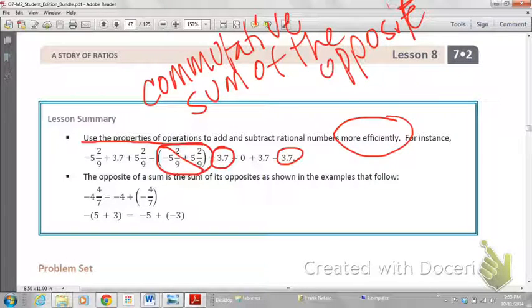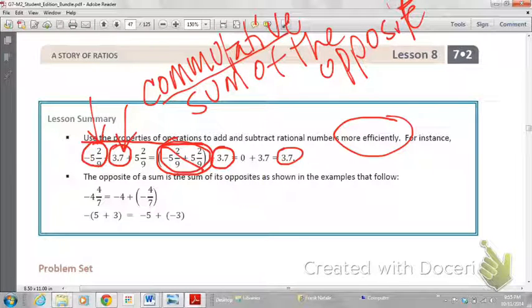So instead of trying to add these two first and changing that to a fraction or that to a decimal, sometimes you can just move things around, commute these numbers in addition and multiplication. They commute very efficiently, and they won't mess you up.